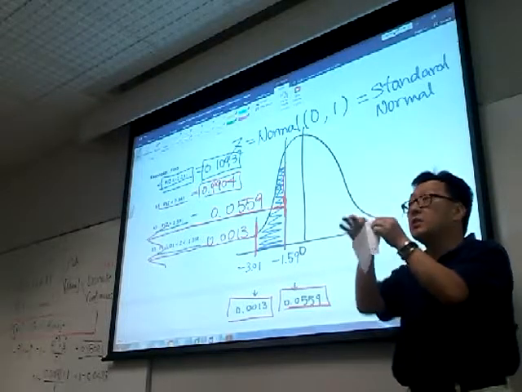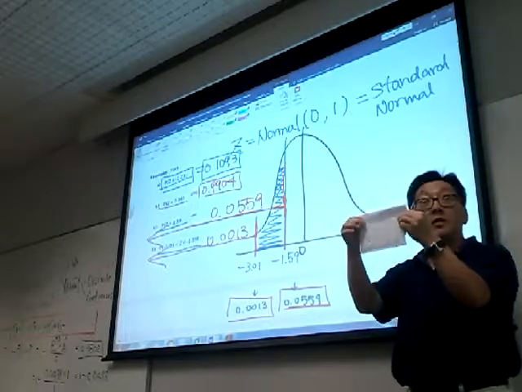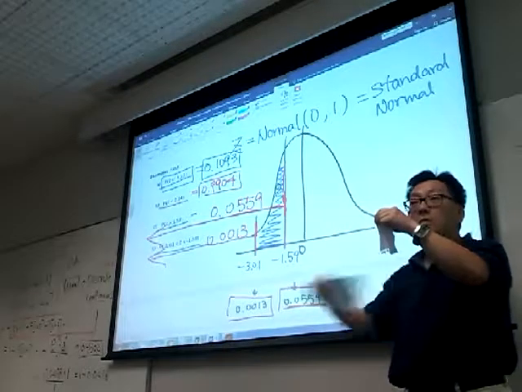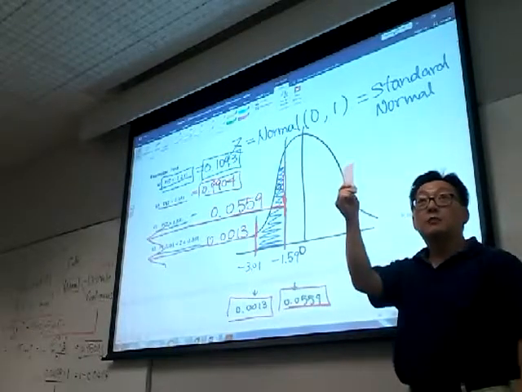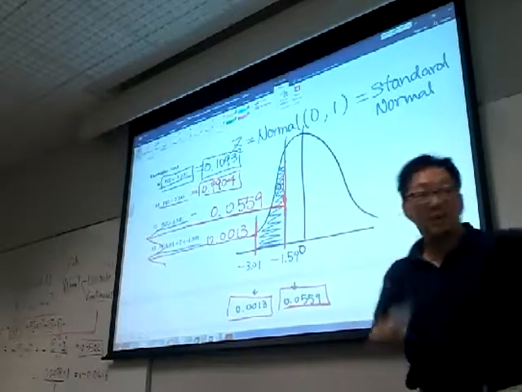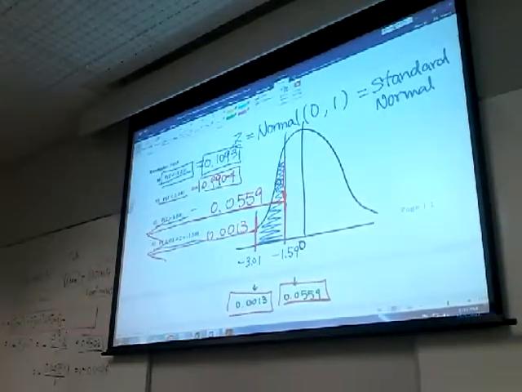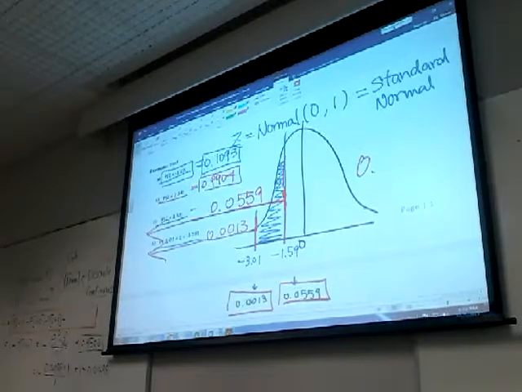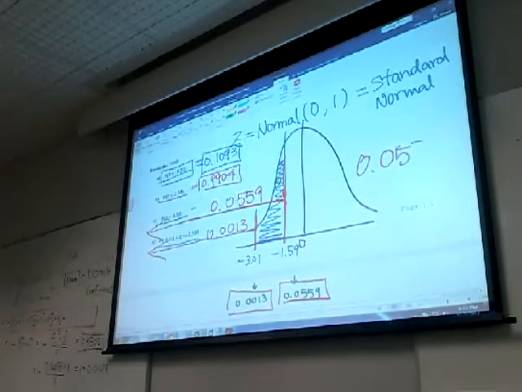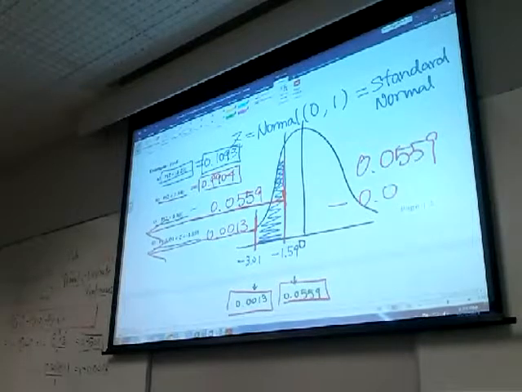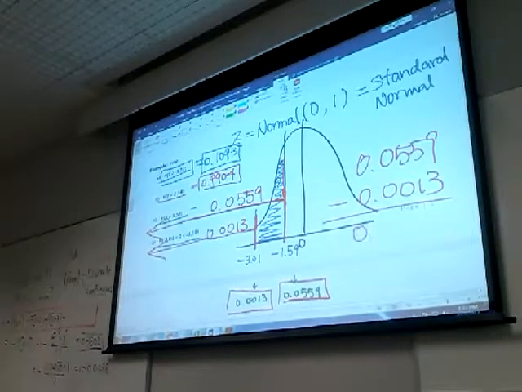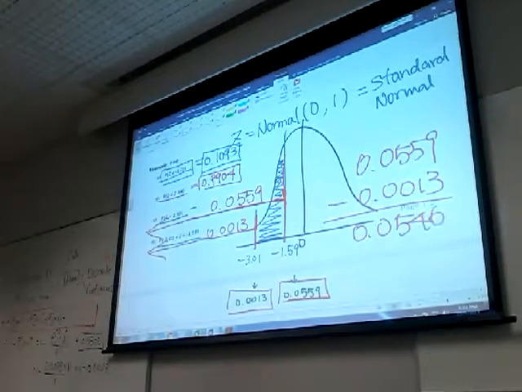How can I take only this one? Subtract them. From here out, it is the probability in the middle. What is the idea? Subtract 0.0013 from 0.0559: 0.0546.